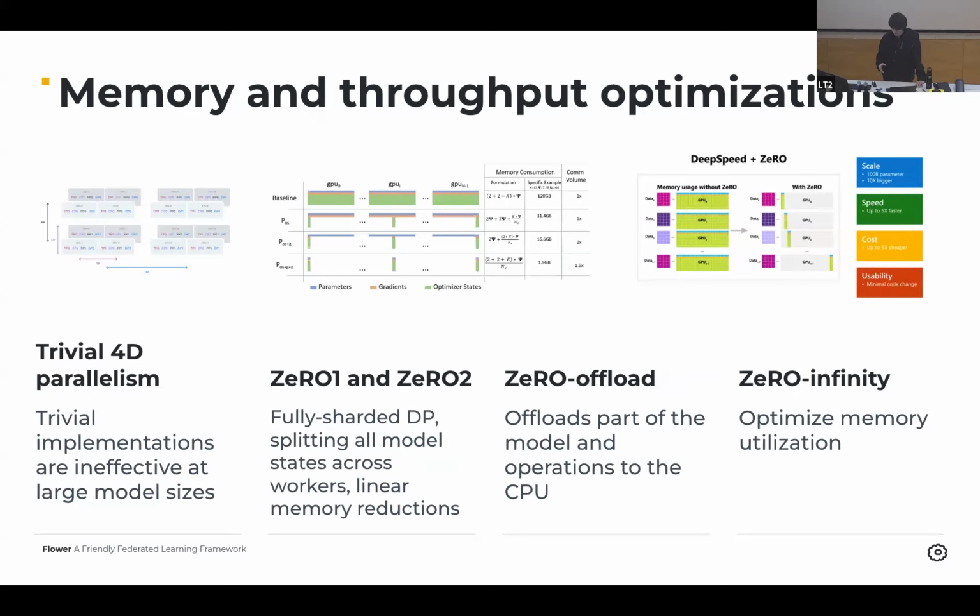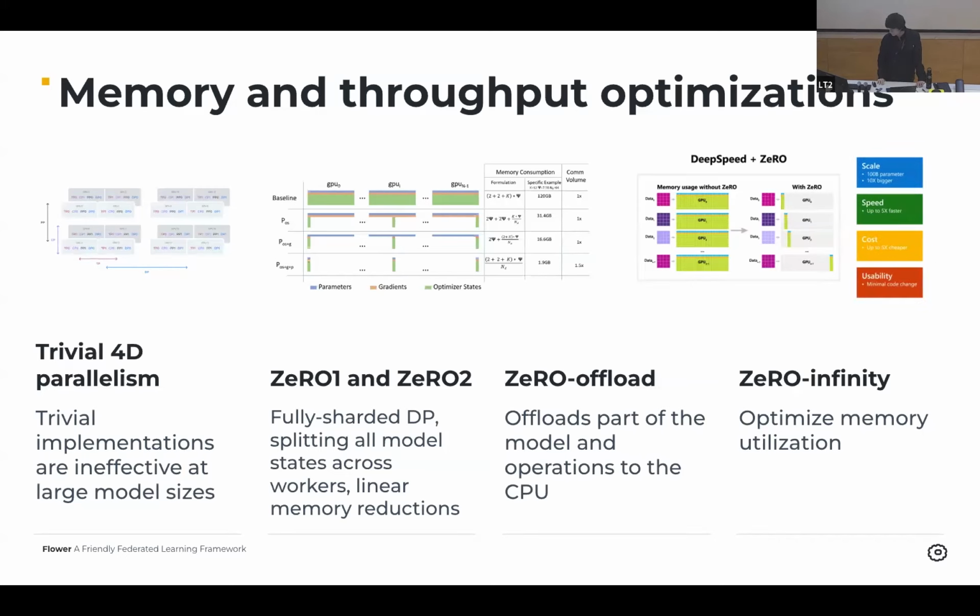The first 2 papers on this are ZeRO 1 and ZeRO 2. They primarily look at what they call fully sharded data parallelism, which requires splitting the model across multiple workers in order to allow it to fit in memory. So instead of having to keep an entire 400 billion parameter model in VRAM, you only have to keep one shard of this model, and you get linear memory reductions in the number of workers that you have.